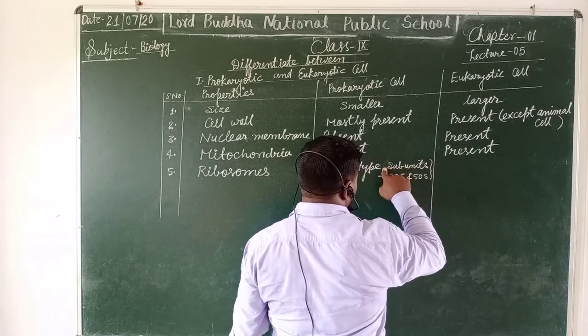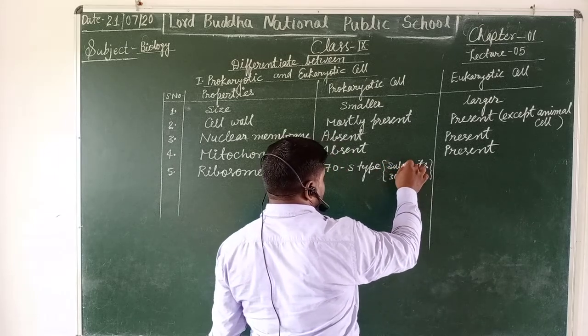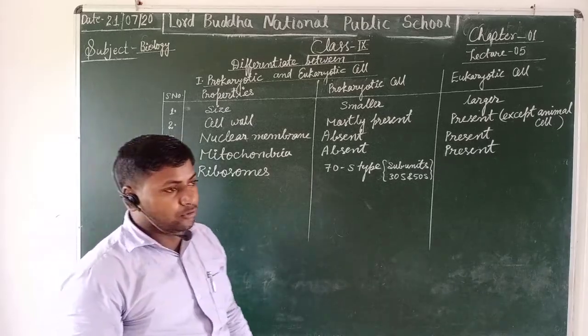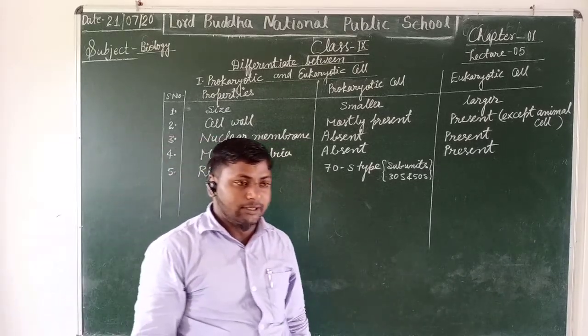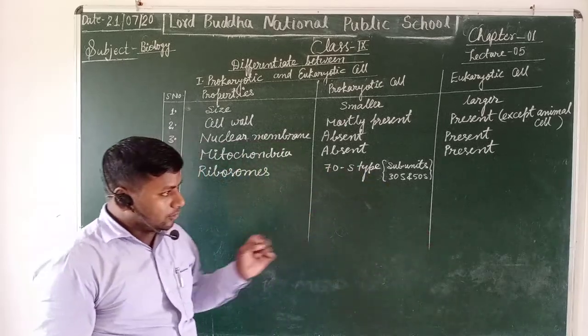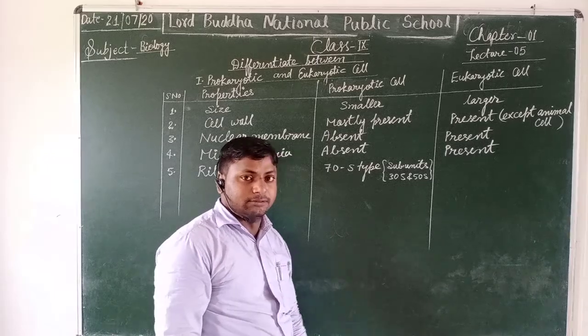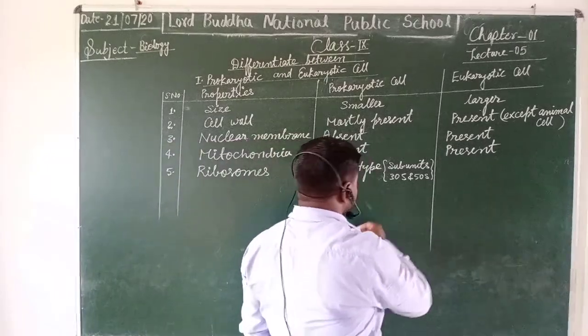Yes, these subunits are not calculated mathematically. It is calculated by the process of centrifugation, by obtaining the coefficient result of the centrifuge tube.